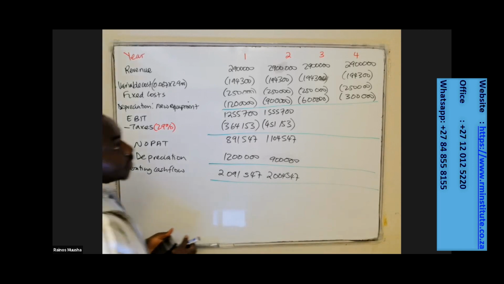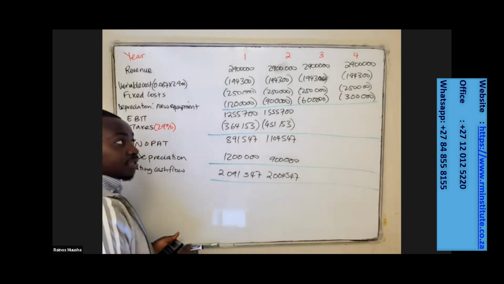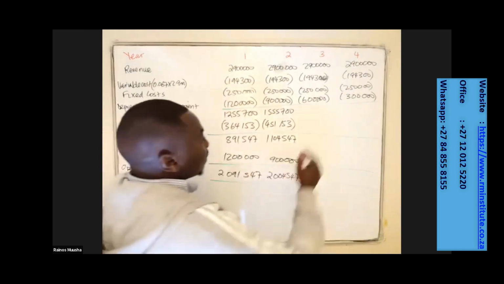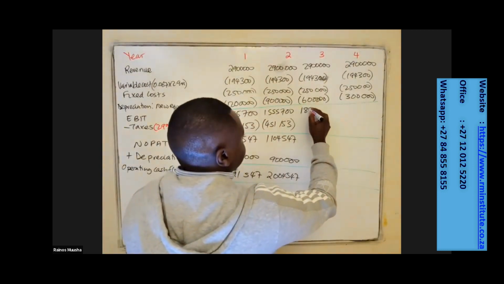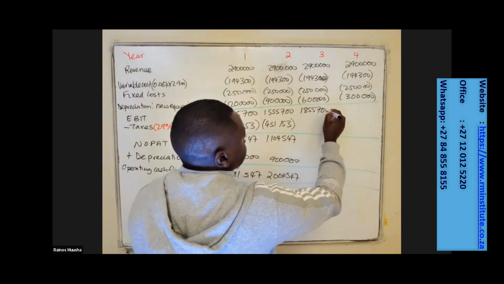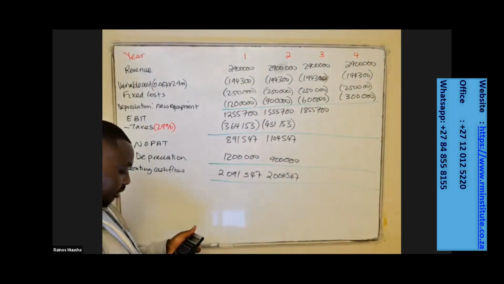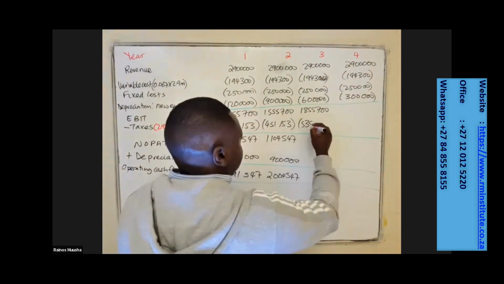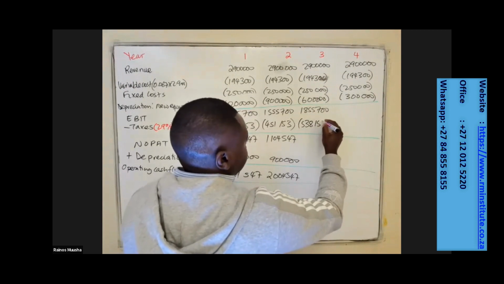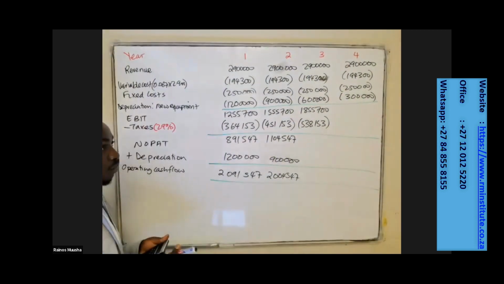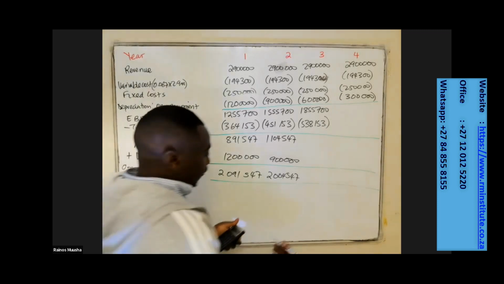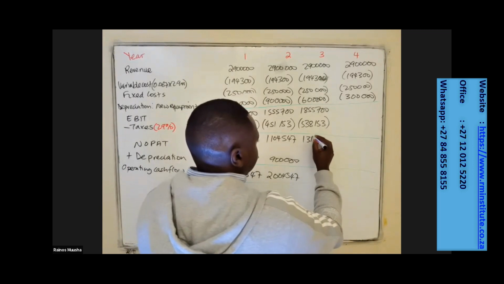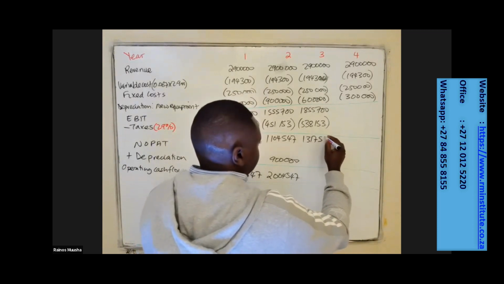So if you say 2.9 million minus 194,300 minus 250,000 minus 600,000, you must be able to get a figure of 1,855,700. Then if you take out taxes of 29%, which is equal to 538,153, and subtract that from the initial amount, you are going to get a figure of 1,317,547.